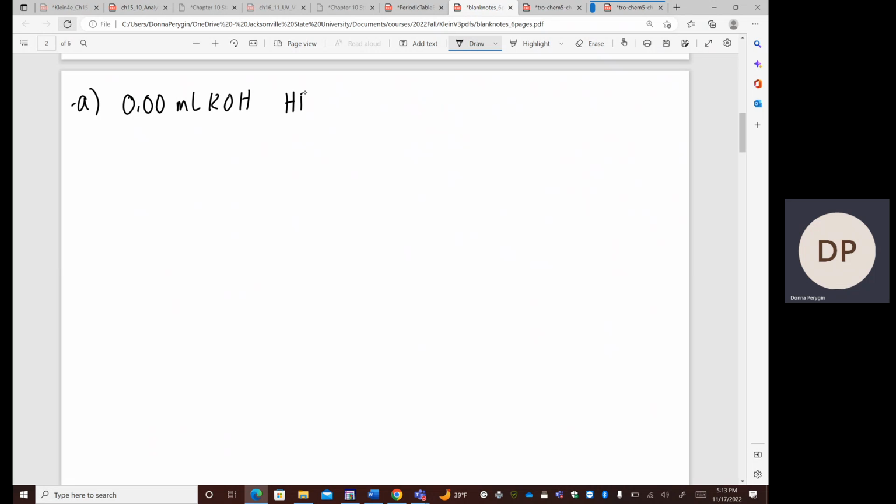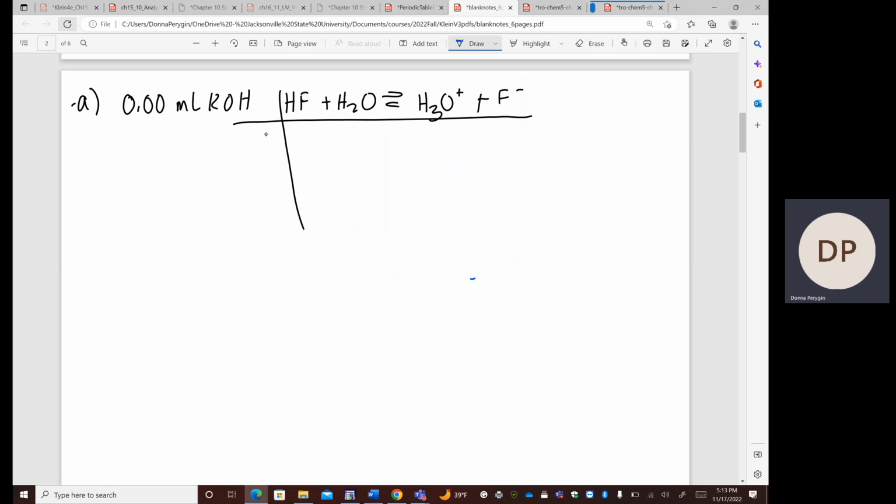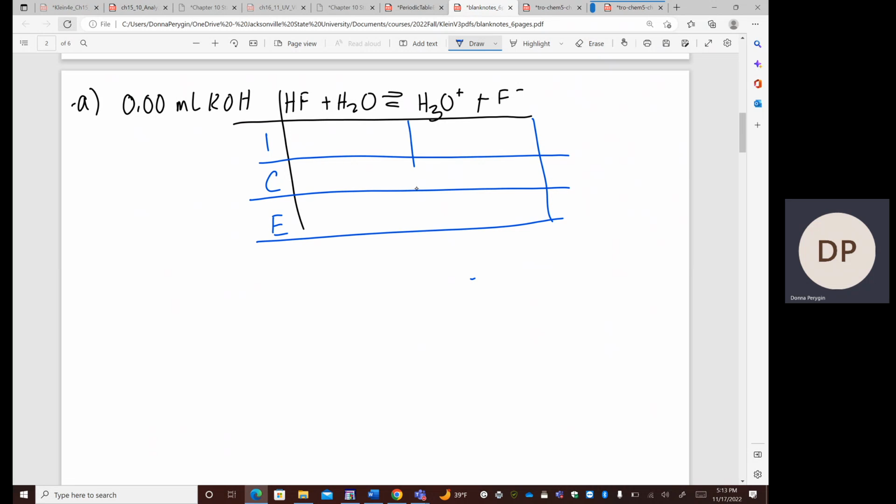So HF plus water goes to H3O+ plus F-. And so we can go ahead and draw an ICE table. So we have initial, change, and equilibrium. For just dissociation problems, we could just use an ICE table.